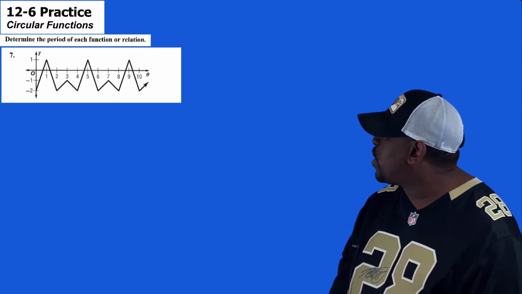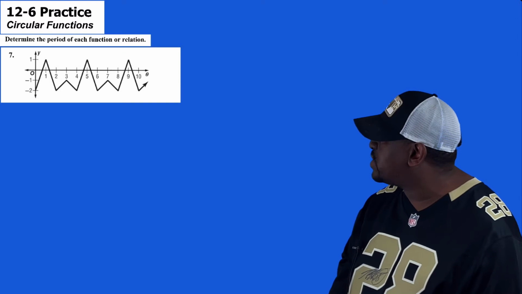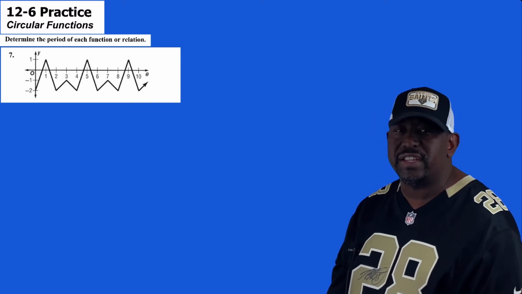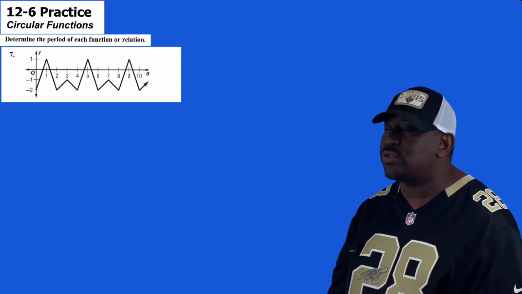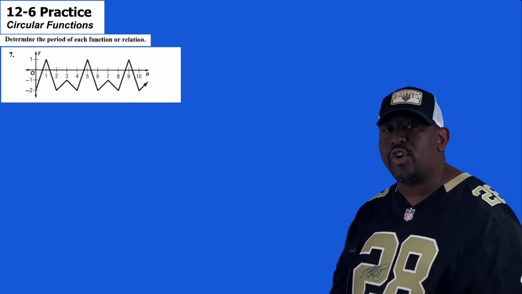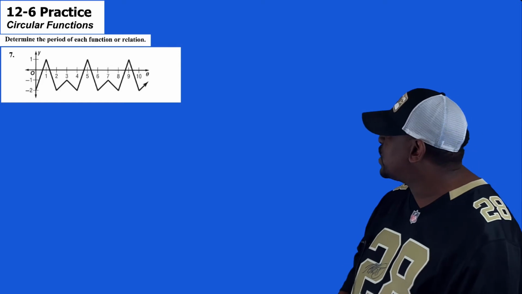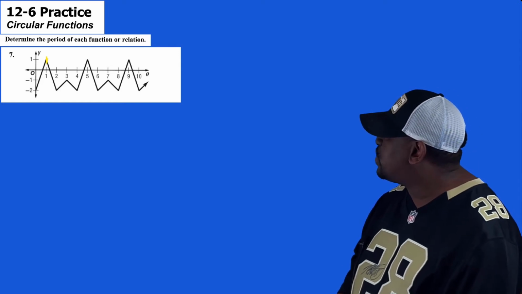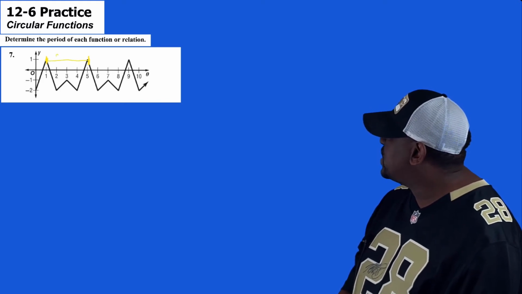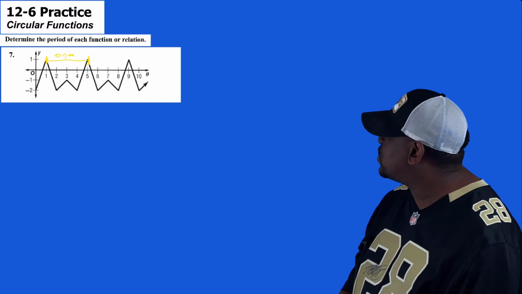So now we're going to determine the period of each relation or function. Now, period is when you go through one cycle. So it's basically when you go back to where the starting point is. So in this figure, you can find the period at any point. I start at the top, where the highest vertical point is, and then you want to find the next one.